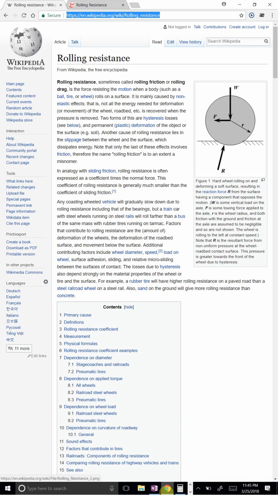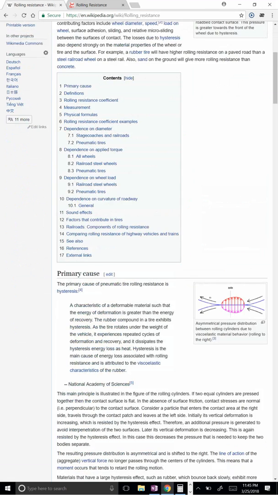Here's the force that's driving the material this way, and then here you can see this is like the resistance. And note that the R is the resultant force from non-uniform pressure at the wheel's roadbed contact surface. This pressure is greatest towards the front of the wheel due to hysteresis.